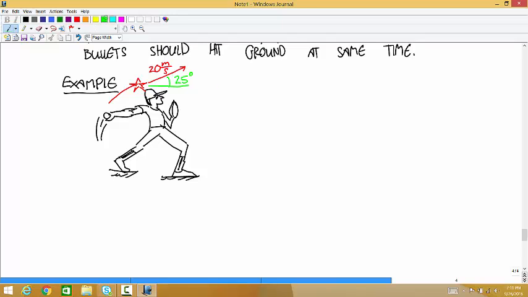If it's released from a height of 1.5 meters, how far away horizontally will the ball hit the ground?